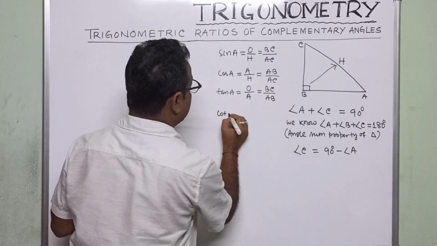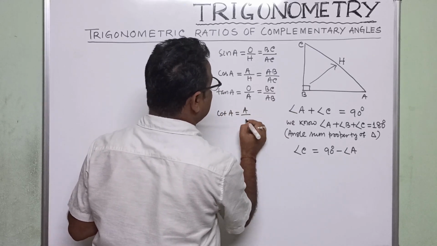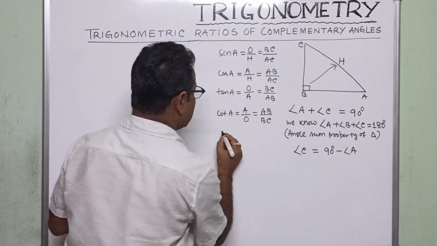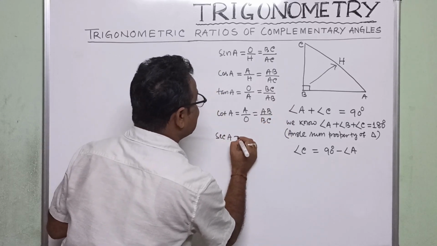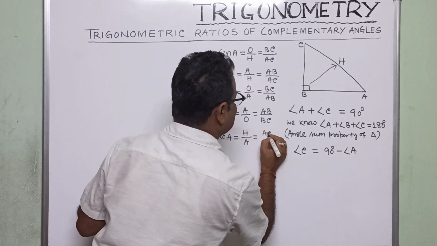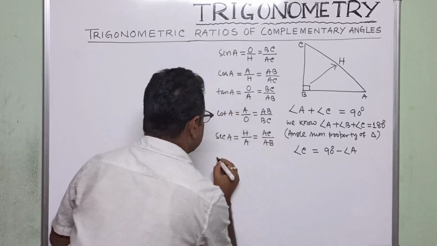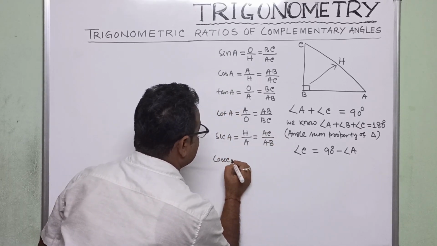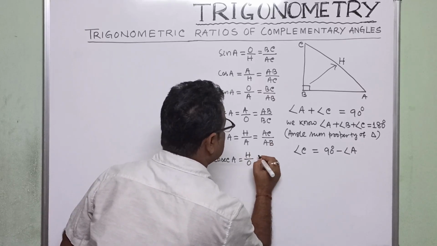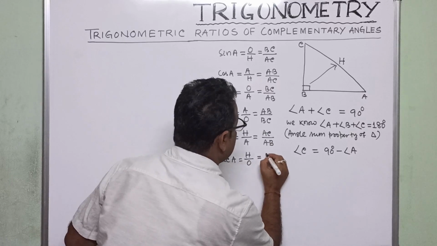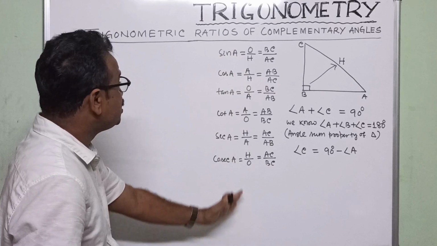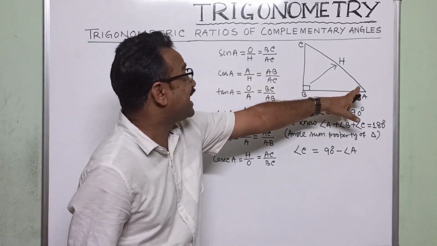Cot A is adjacent by opposite, which is AB by BC. Sec A is hypotenuse by adjacent, so AC by AB. Cosec A is hypotenuse by opposite side, that is AC by BC. So these are the ratios of angle A.